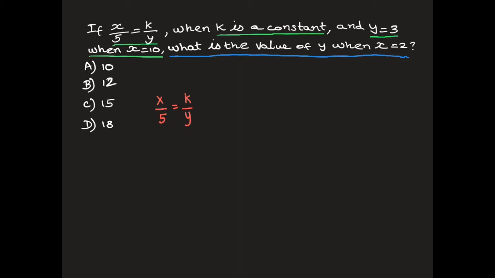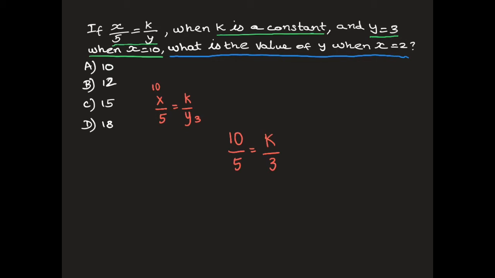We'll plug those numbers into our equation. So x is 10 and y is 3, which means 10 over 5 is equal to k over 3.